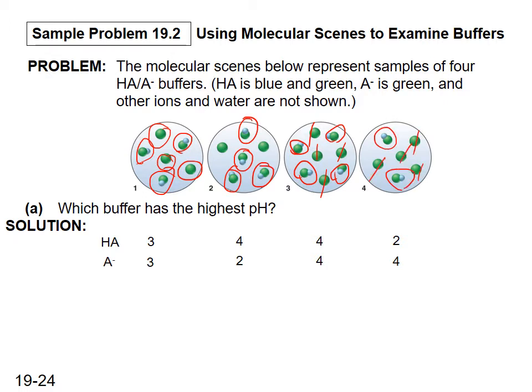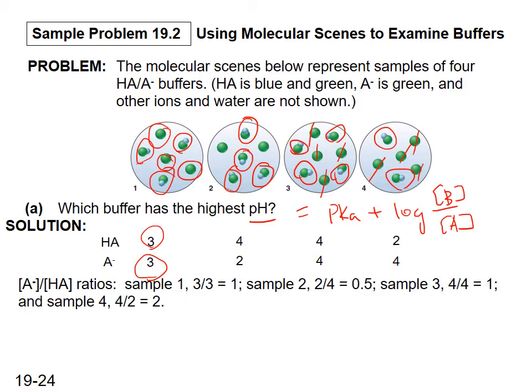Okay, so these represent the concentrations because the volumes are the same. So we calculate the ratio. Now remember, pH equals pKa plus log base divided by acid. So we use base divided by acid. For the first one, the ratio is 1.